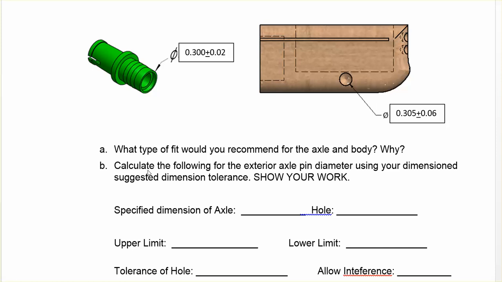Calculate the following for exterior axle pin diameter using your suggested dimension tolerance. Show your work. Well, okay, so we got a lot of things here. We got some vocab we're learning here about the specified dimension of the axle. So that's how big do we want the axle to actually be. And if we look up here, this is the specified dimension right here, the 0.300.